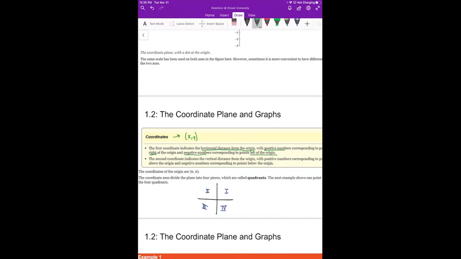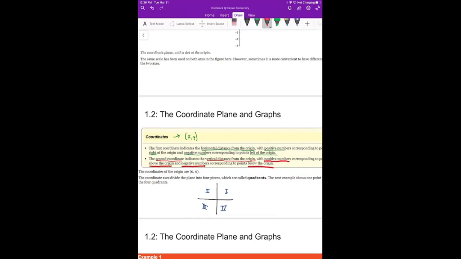There's an analogous version for the second coordinate, the y coordinate, which indicates the vertical distance from the origin. If you have positive numbers, you're moving up, above the origin, and if you have negative numbers, you're moving below the origin.